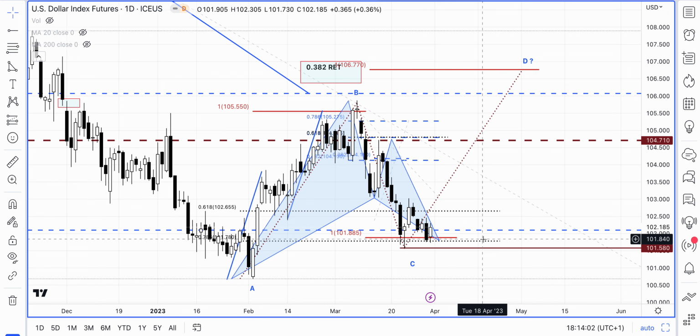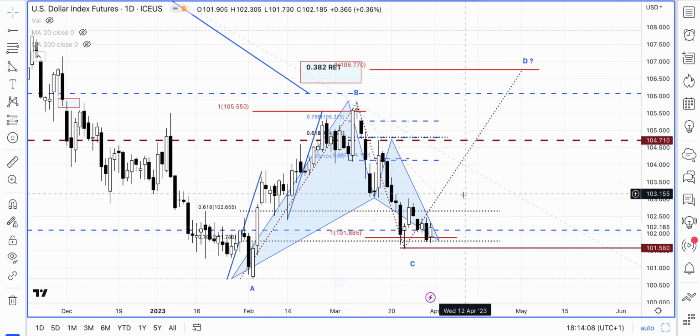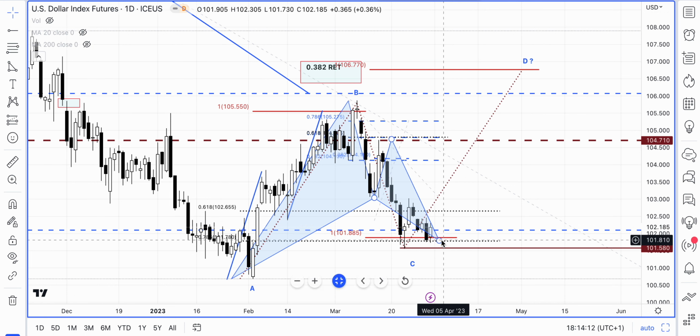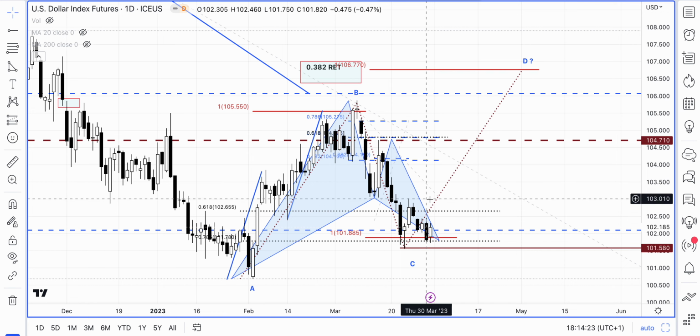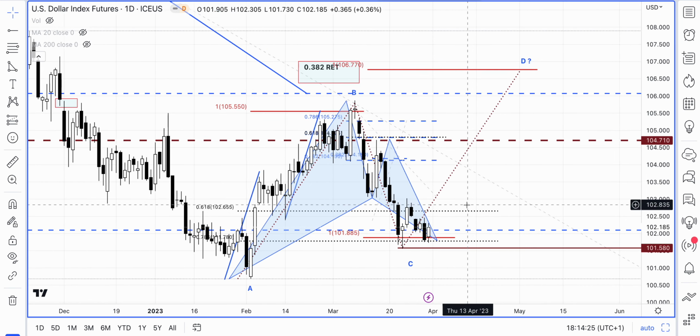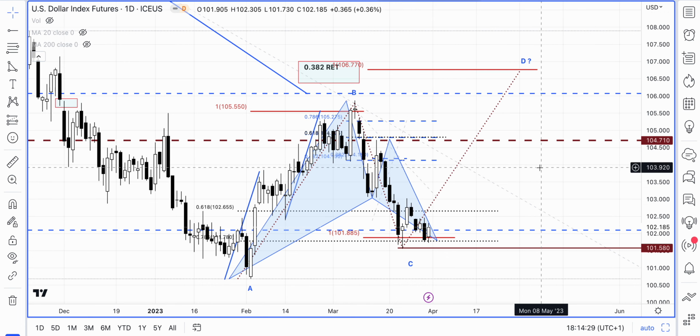So what we are anticipating for this week is we'll have to watch really carefully whether the US dollar will actually strengthen from here as per the pattern which we are watching, or if it is going to move lower by breaking this support at 101.55. So as long as it remains above that, this pattern is valid in my opinion, and we'll have to be watching the price action.